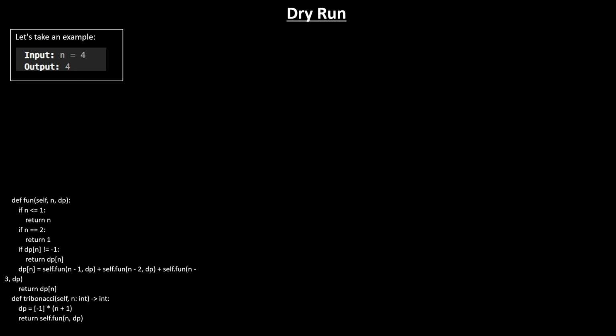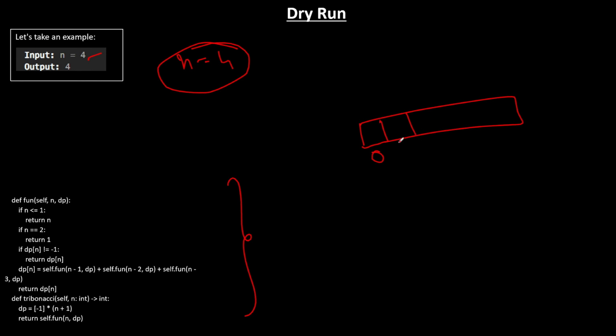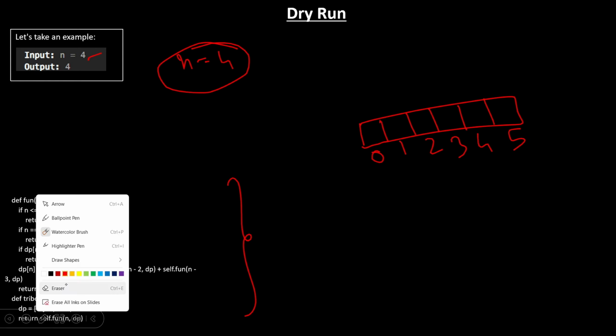Now, since we have the understanding of the code, let's look at the dry run of the example. Here we have n equals to 4. Let's try to do the dry run. I have brought down the code here for our understanding. So we have the DP array for n equals 4, indices 0, 1, 2, 3, 4, and everything is initialized with -1.